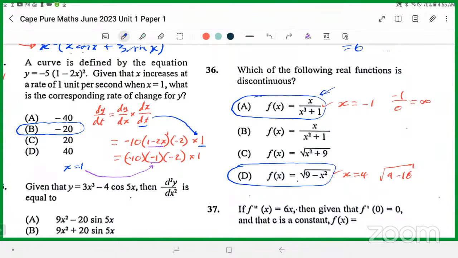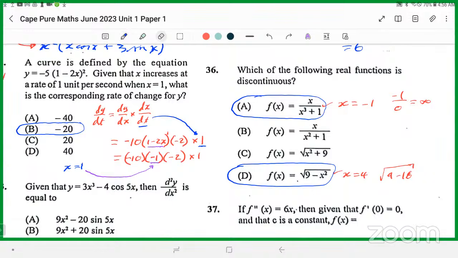But once you can't get real values, the function becomes discontinuous. Or maybe this one is okay, because the problem is they don't specify the domain.